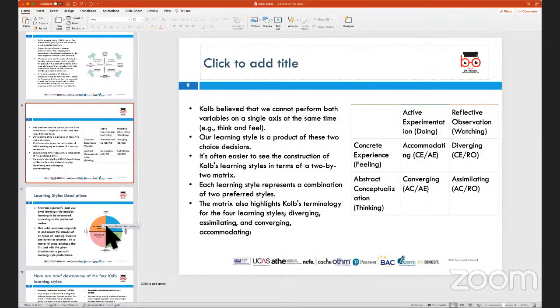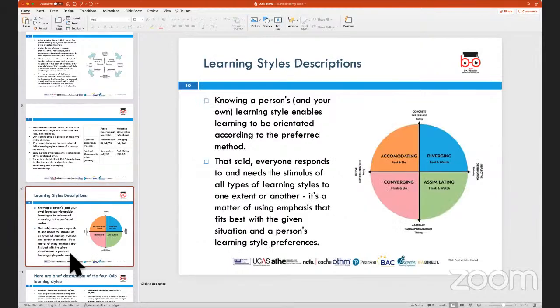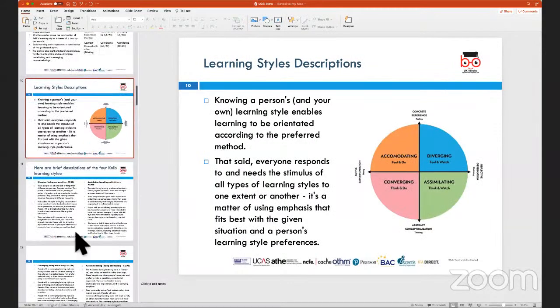So some people learn from doing things, some people learn from observing things, some people learn by experimentation, and some people learn just by observation, letting others do it, and then jumping in to see if this is something that they would want to do or not. And they are then put into a matrix of 2 by 2, wherein these are the 4 types of learners or learning styles he came up with. And that is what is described in Kolb's learning cycle.